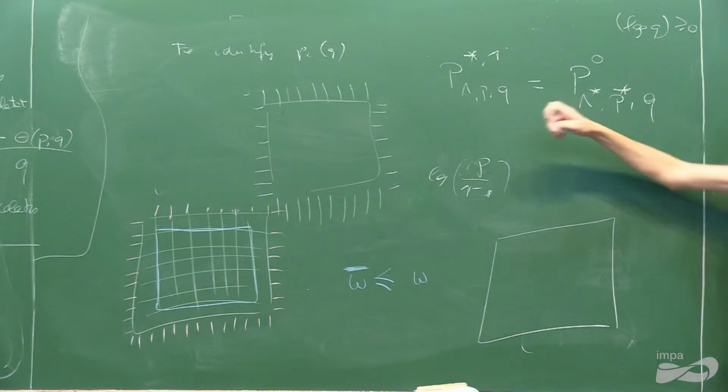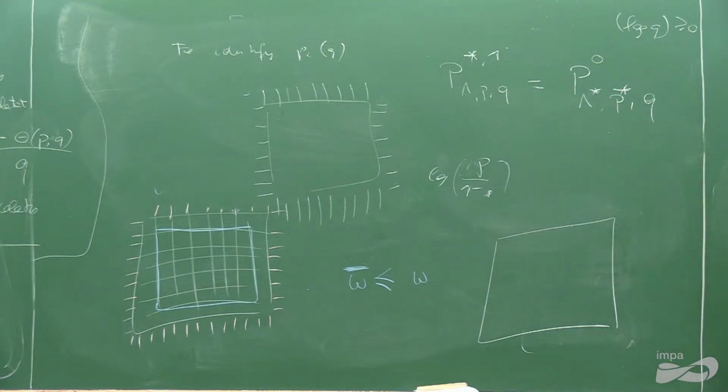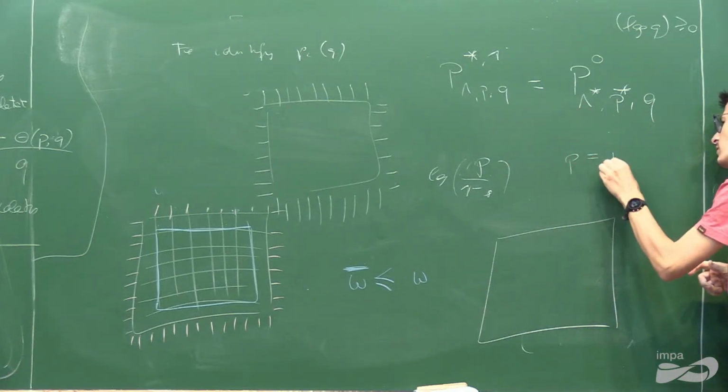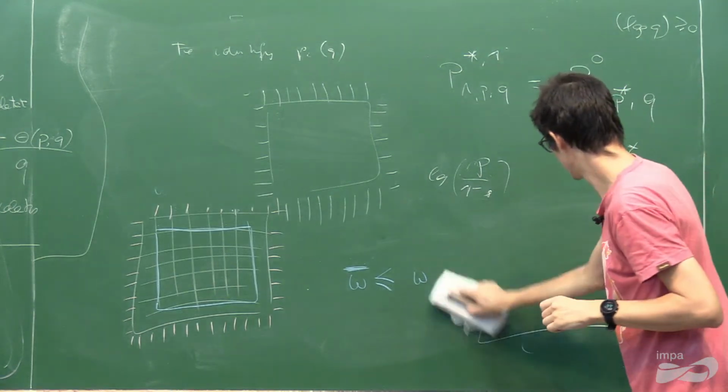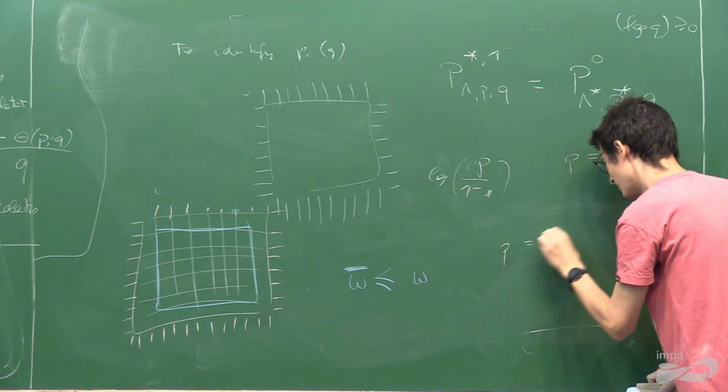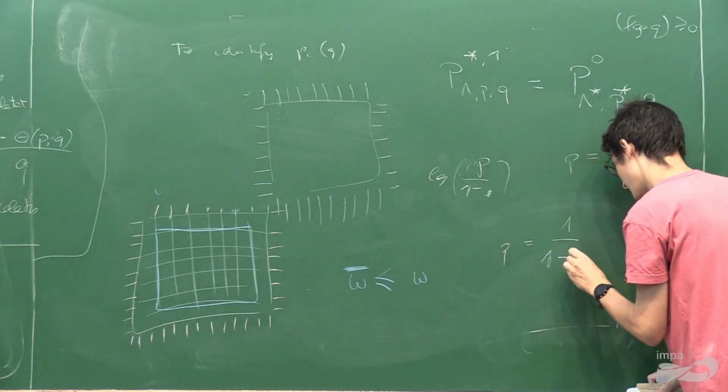You can always find a parameter p star such that this is true, and you have p equal to p star for p equal to, I think it's this thing.